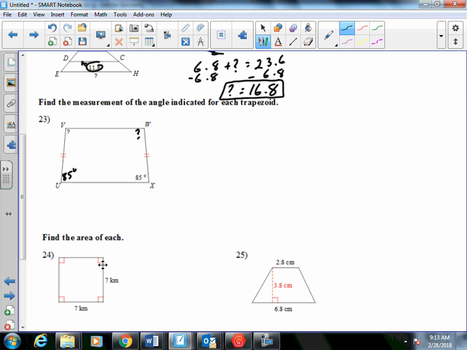So 85 plus whatever that question mark is has to equal 180. Subtract 85. And the missing angle is going to be 95 degrees.